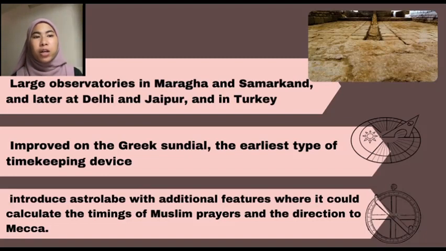They also improved the Greek sundial, which was a sort of clock back in the day that used the sun to determine what time it is. They also introduced the astrolabe with additional features that could calculate the times for Muslims to pray and also the direction of Mecca.